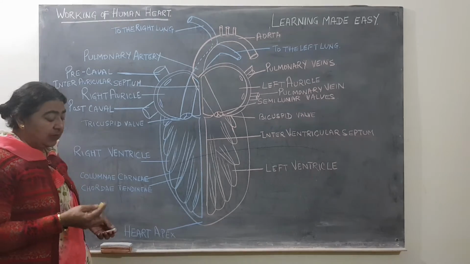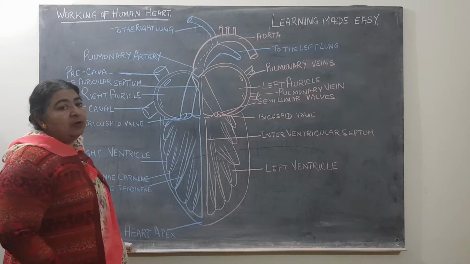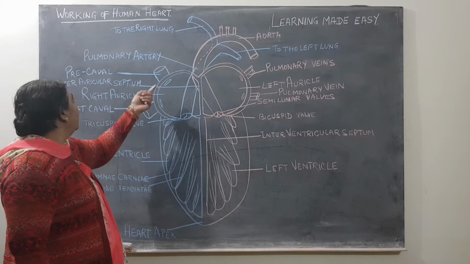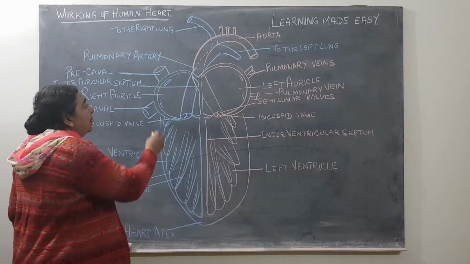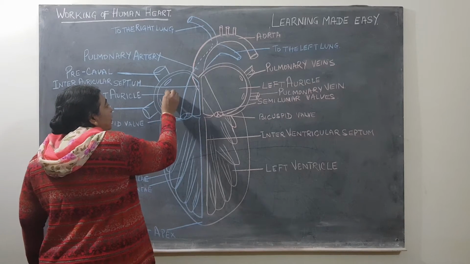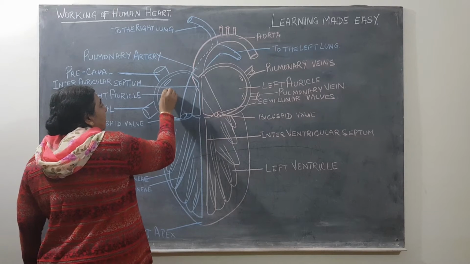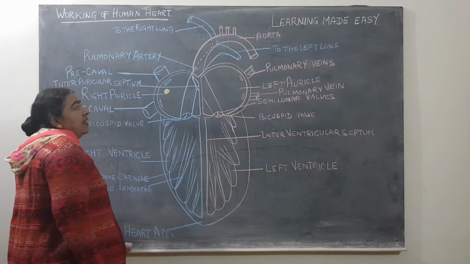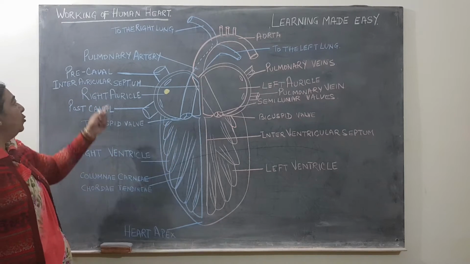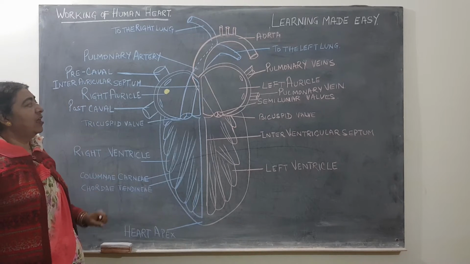body. In the right auricle, we have a node which is placed between the opening of the precaval and the postcaval. This node is present between the opening of the precaval and the opening of the postcaval.